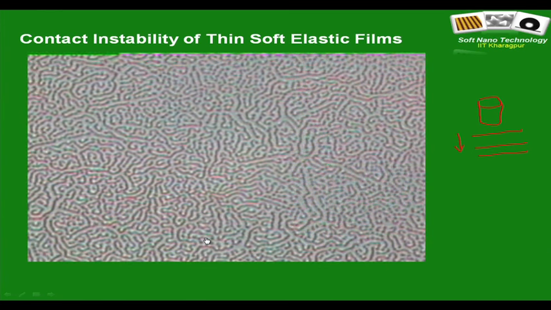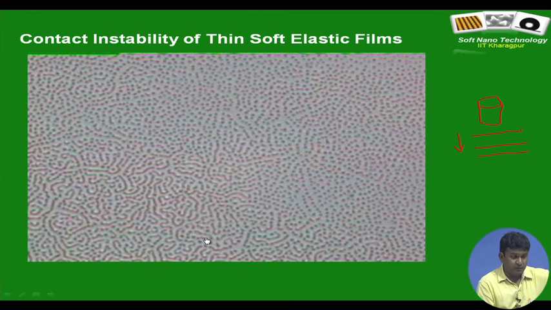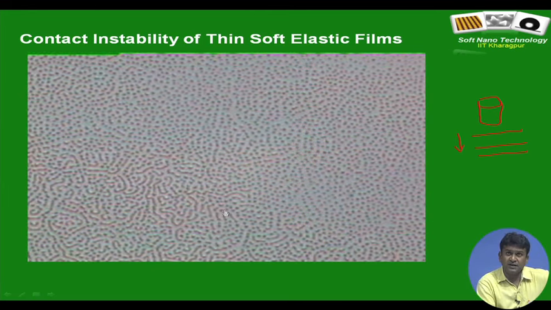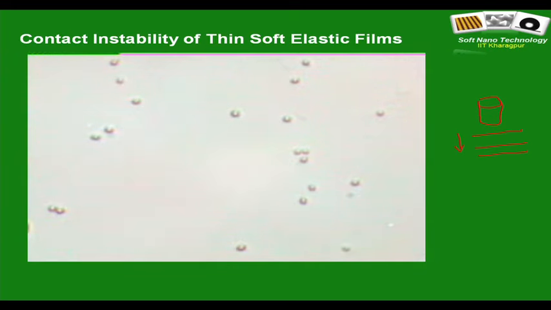But if you continue your approach beyond this stage, you now see that those labyrinths have transformed mostly into isolated holes. I will repeat this video again for your convenience. See, the initial stage of approach is manifested with the formation of isolated pillars. Then these pillars transform into bicontinuous labyrinths.